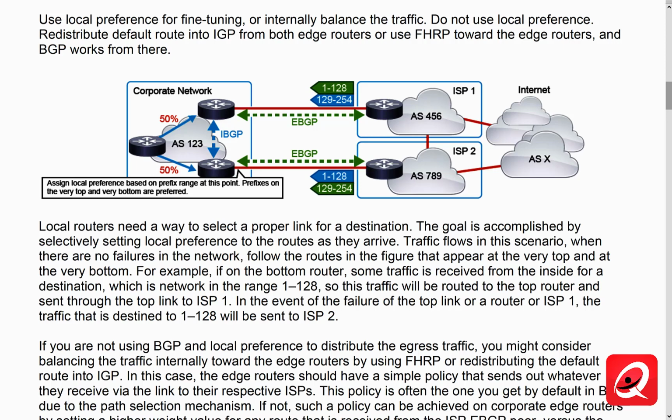But you have to keep in mind, and we haven't really talked about this, some attributes are transitive, meaning that they move from one BGP router to the other, and some attributes are non-transitive, meaning that they only go to the neighbor and they don't go beyond the neighbor. So we have to make sure that we choose the appropriate attribute based on what our goal is in the design.